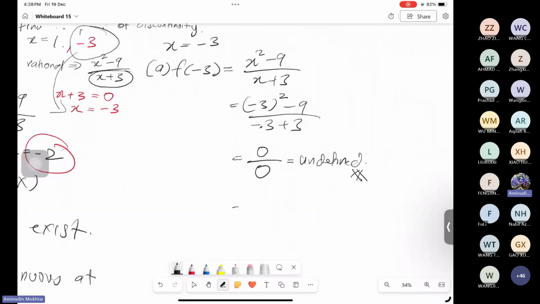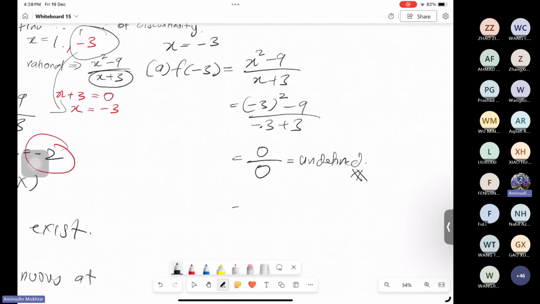Again, this function is discontinuous at this point because the value of y is undefined. In other words, there is a break, there is a hole. Normally, we draw a white circle, a white hole at this point, to show that the value of y does not exist. If f(x) is undefined at x equal -3, there is no need to check the limit.